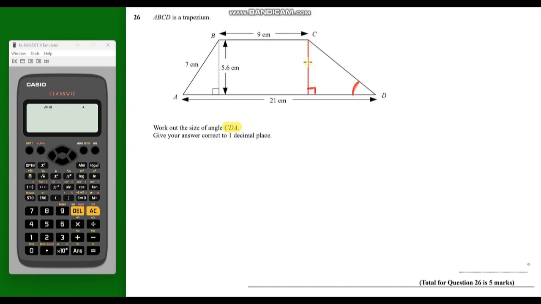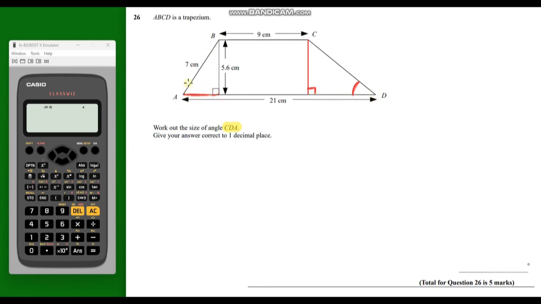If we've got some information about these side lengths, we will be able to calculate what this angle is. So we've got this length from A to D, and we've got this length B to C. If we can calculate this length from A to this point here, we can add these two together and take it away from 21, and that will give us this length here.